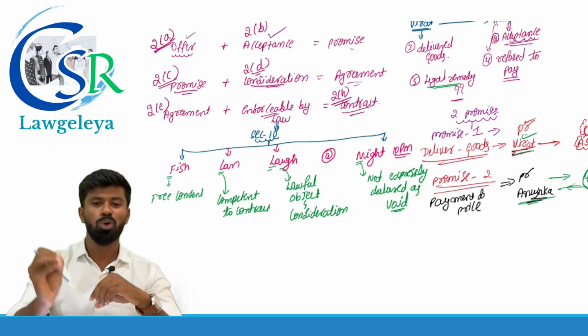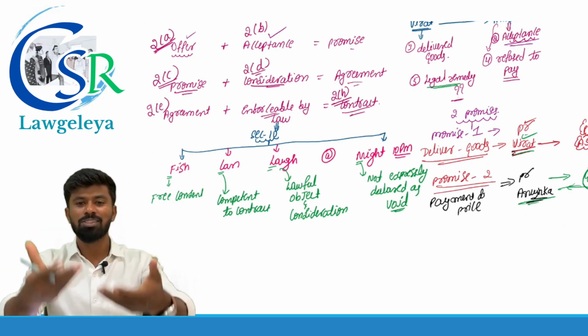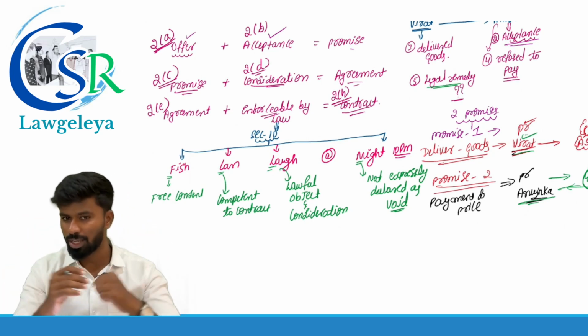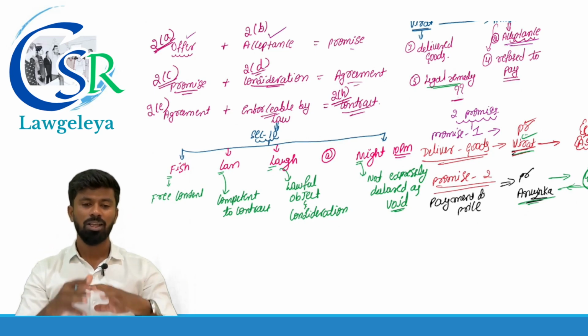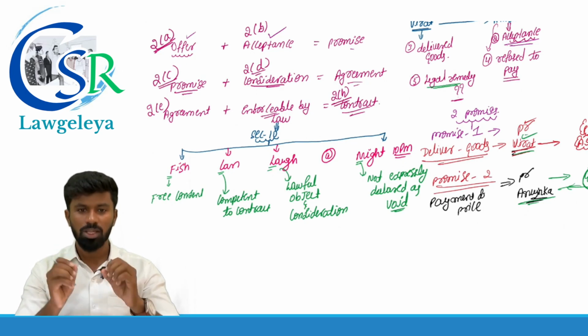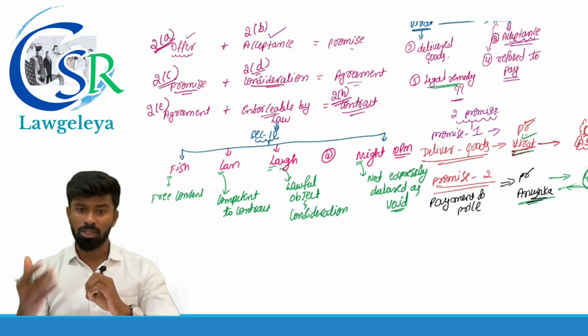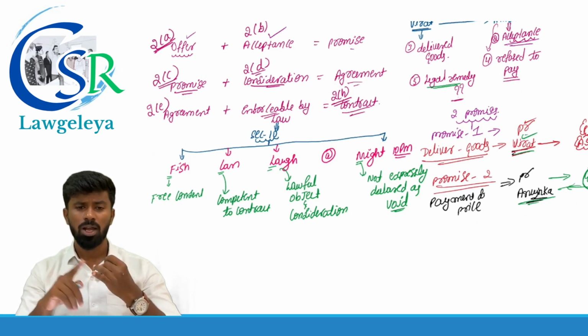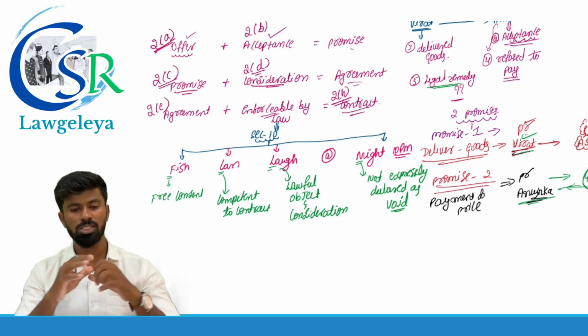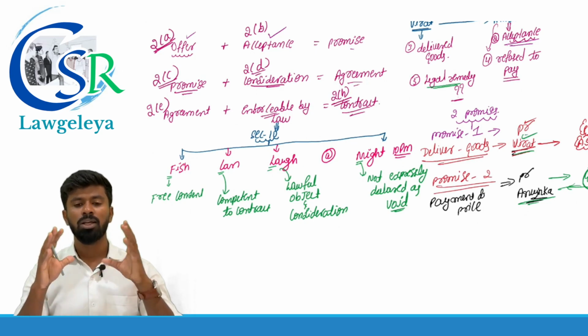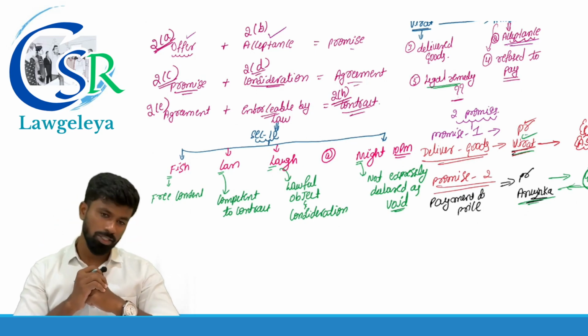When the person to whom the offer is made signifies his assent to the offer, it is called as acceptance. And what is offer? When one person signifies his willingness to do or abstain from doing anything with the intent to obtain the assent of the other person to such an act or an abstinence is said to make a proposal. So this is the equation for understanding how the contracts are made in India.